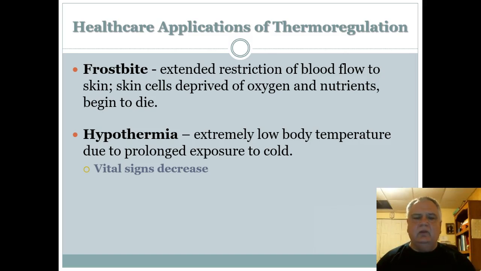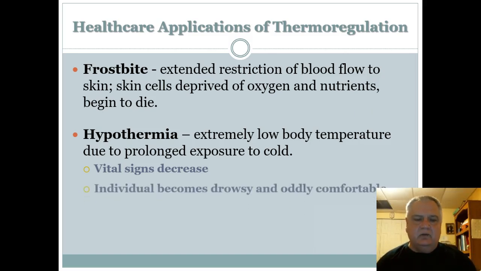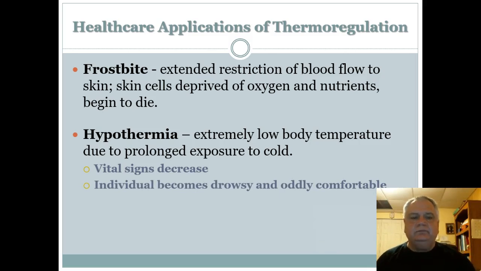All the normal things that we think of with the vital signs. They're going to decrease. As a result of that, the individual is going to become drowsy and oddly comfortable. Why is that? Well, think about capillary exchange. Well, all these things are really coming together now. But think about capillary exchange.